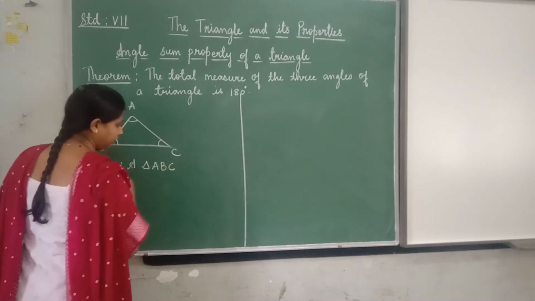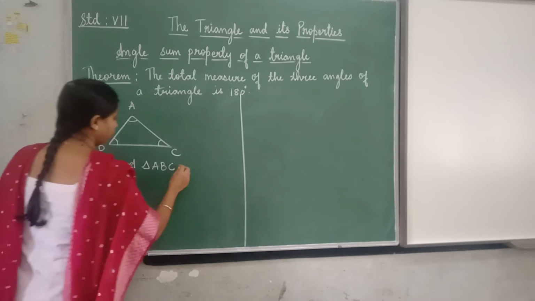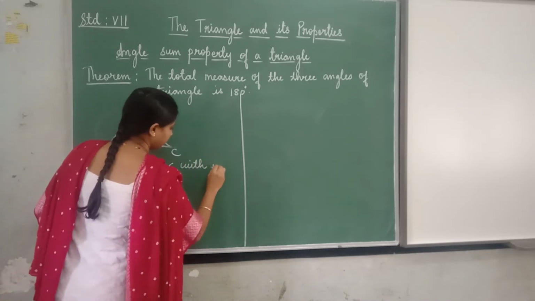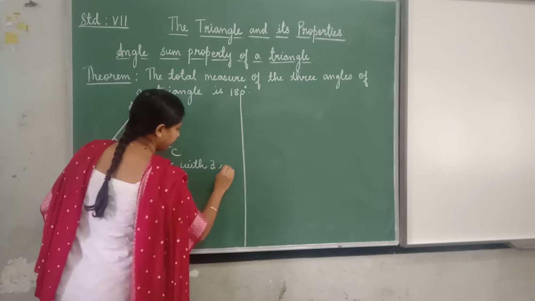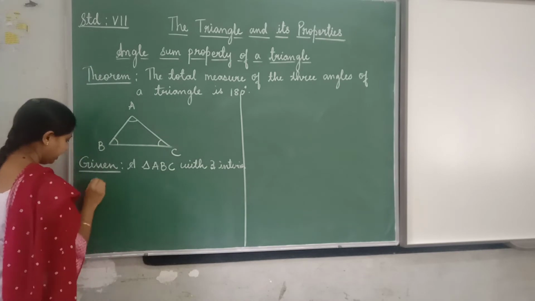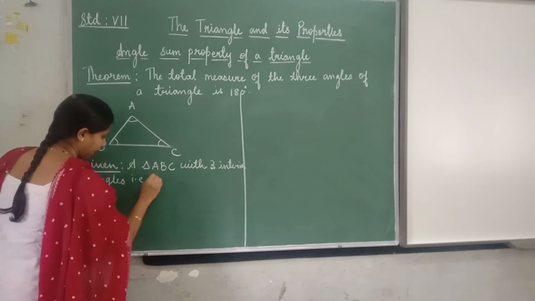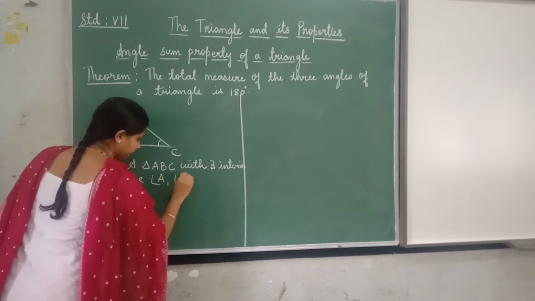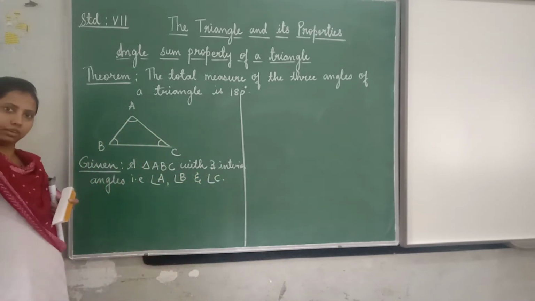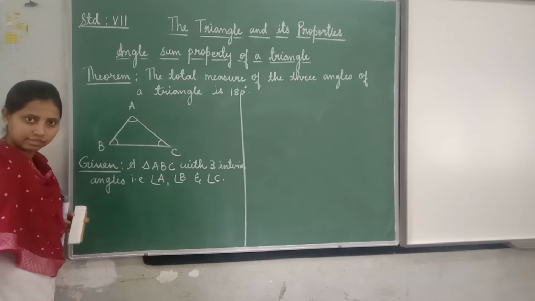Triangle ABC with three interior angles, that is angle A, angle B and angle C. This is given. These are the three angles of triangle ABC.